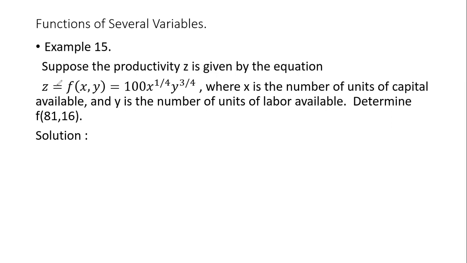Now look at this. V is a function of x comma y. You see in the equation for f(x, y), to find f(81, 16), what you have to do is substitute 81 for x and 16 for y.